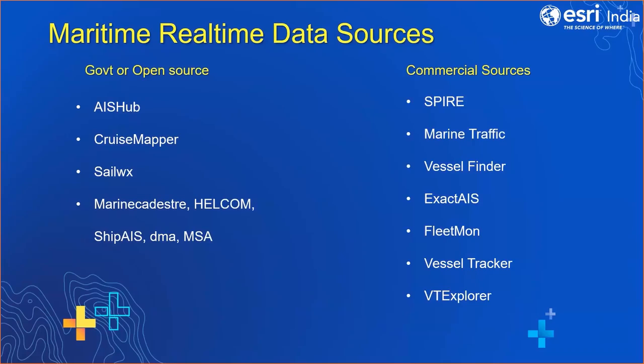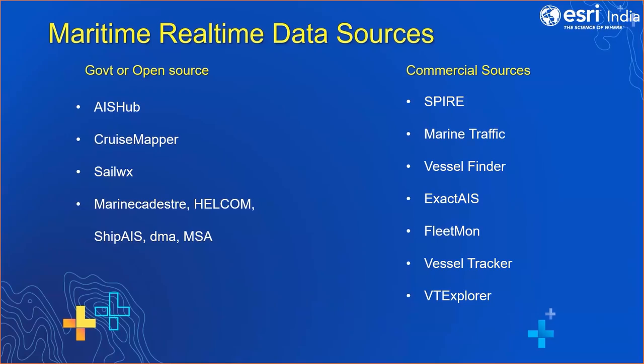Some of these are from the open source or government hub: AIS Hub, Cruise Mapper, and Sail VX, etc. Or for specific countries, we have Marine Cadastre for US, Helcom for Baltic Sea area, Ship AIS for UK, then we have MSA for China, DMA for Denmark.